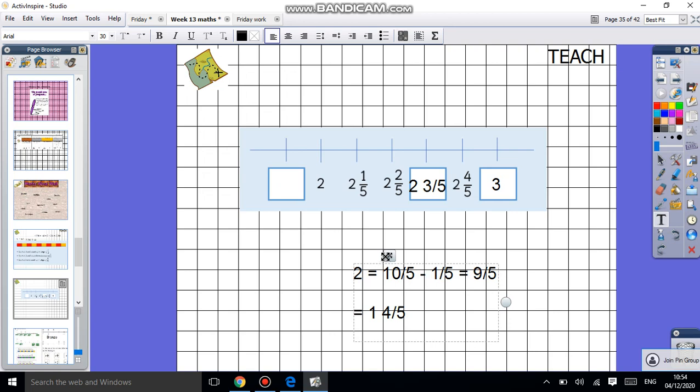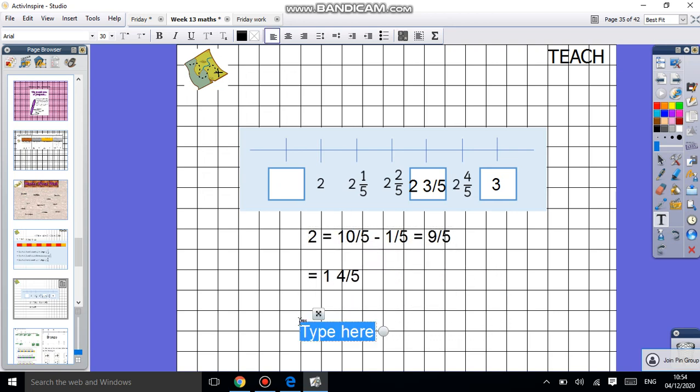Or you could do it the other way if that's what you preferred and do 2 is equal to 1 5/5. Take away 1/5 and that equals the same answer, 1 4/5. So in this little box here, I'd have 1 4/5.